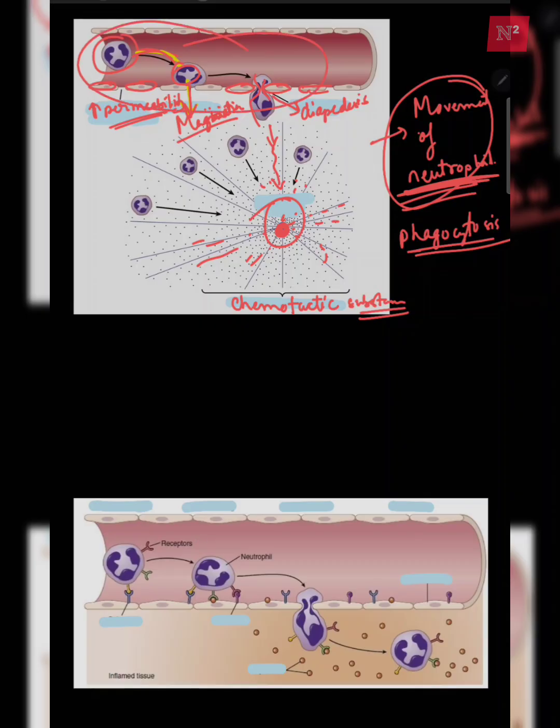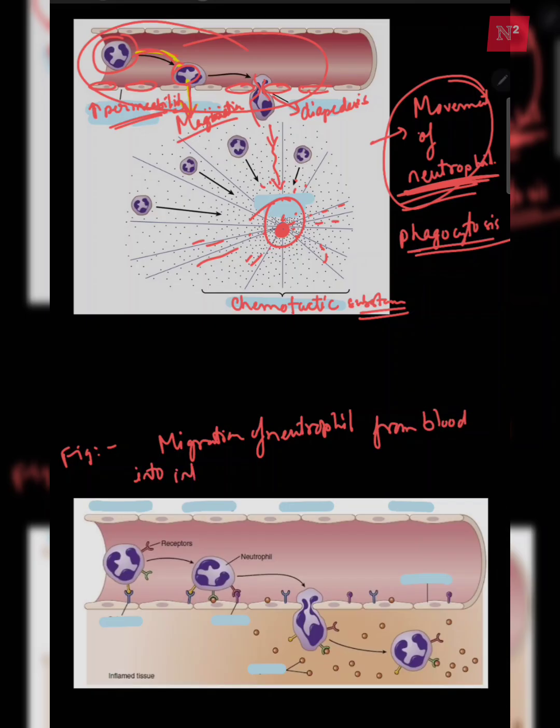Now the main event being shown over here is elaborated in this picture. This figure is showing you the migration of neutrophil from blood into inflamed tissues. Supposedly this is the inflamed tissue over which a blood vessel is lining.